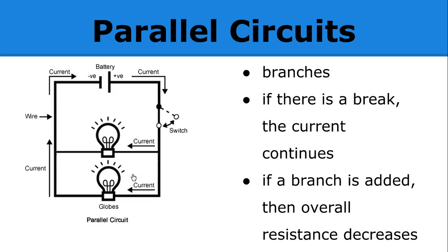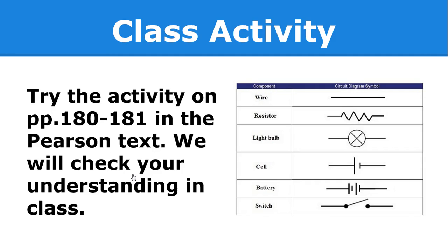All right, so those are just the basics. You should already be a little bit familiar with those after our class activity the other day. We're going to do some more with that in our next class. One activity that we want you to do is on pages 180 and 181. It has a picture of a house and all the different electrical appliances, outlets, and things like that that you might find.